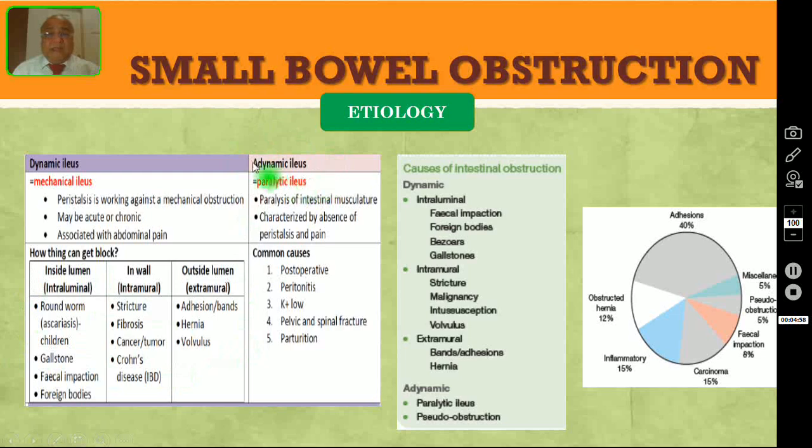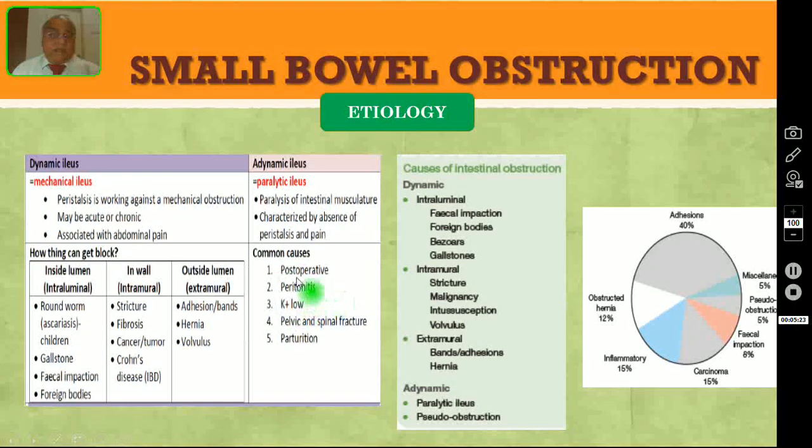And what is adynamic ileus, also known as paralytic ileus? It is paralysis of intestinal musculature. It is characterized by absence of peristalsis, and the patient will also have little pain. What are the common causes of paralytic ileus? Post-operative: all post-op patients regain peristalsis only after 48 hours.